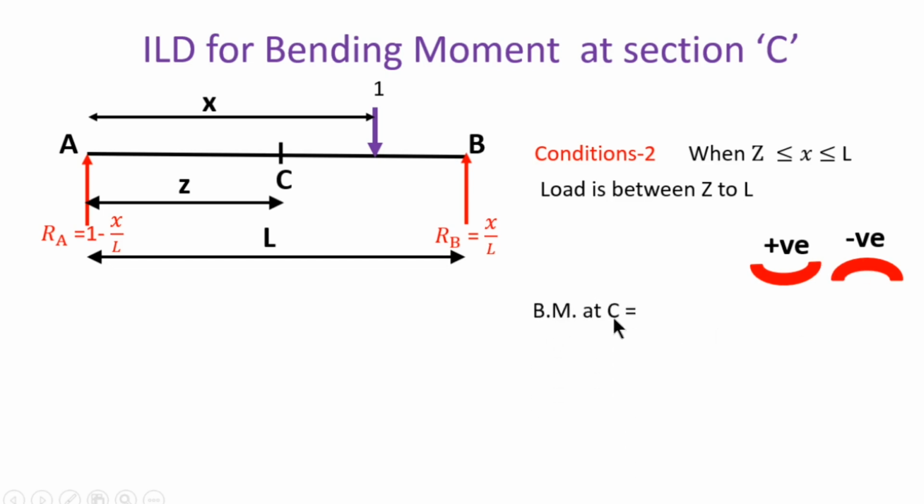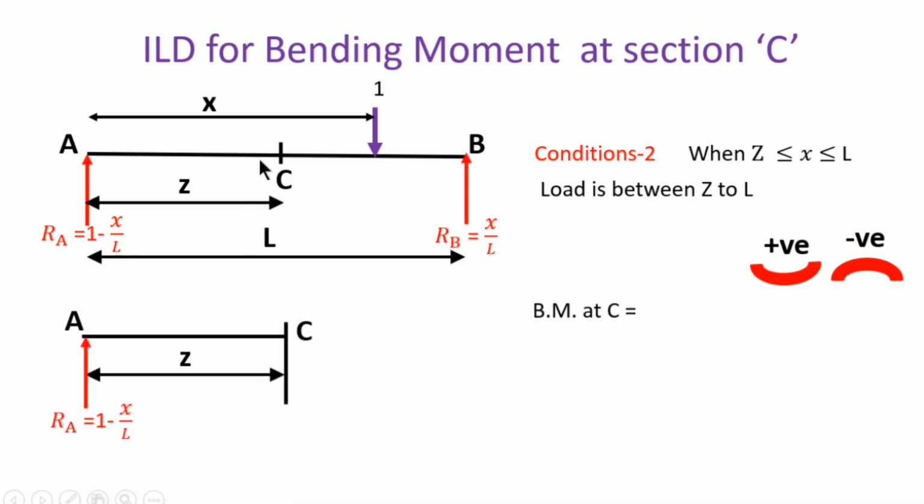So now bending moment at C we know, that is Z into (L minus x) into (L minus Z) divided by L. But here we are again calculating the bending moment at C from the left side. This force is creating the sagging bending moment, that is why the plus.